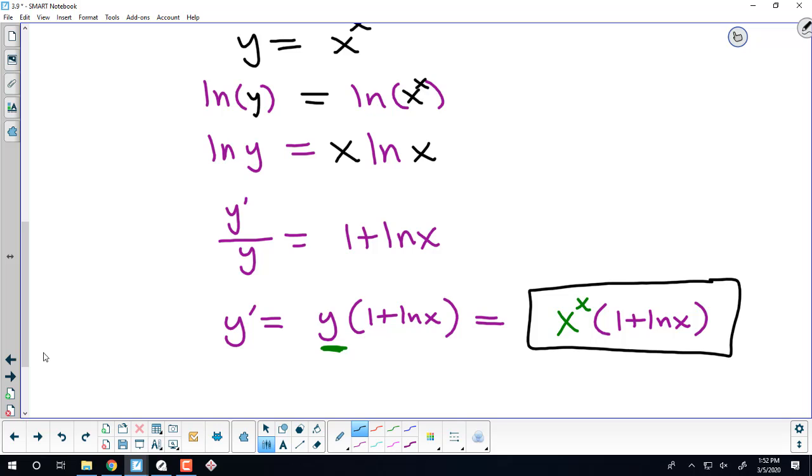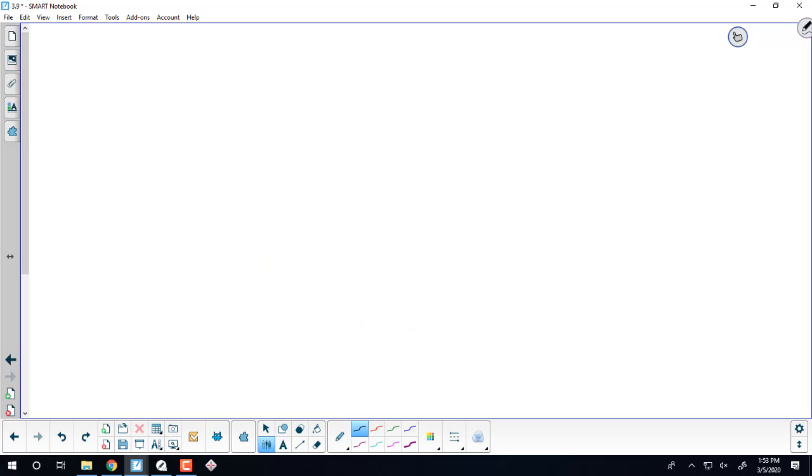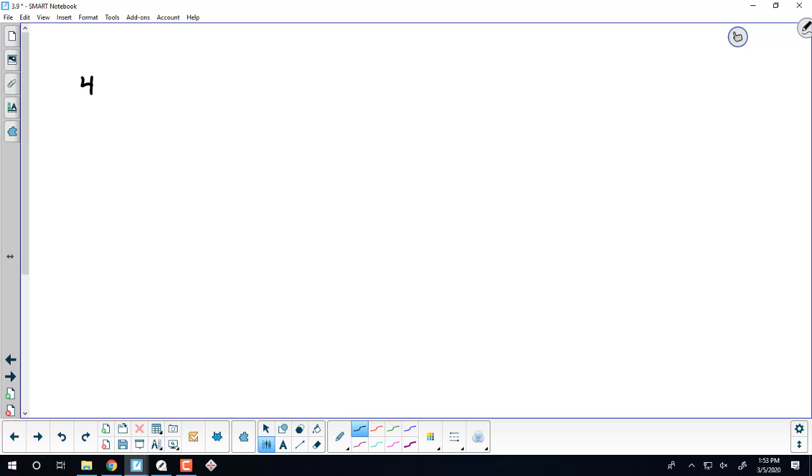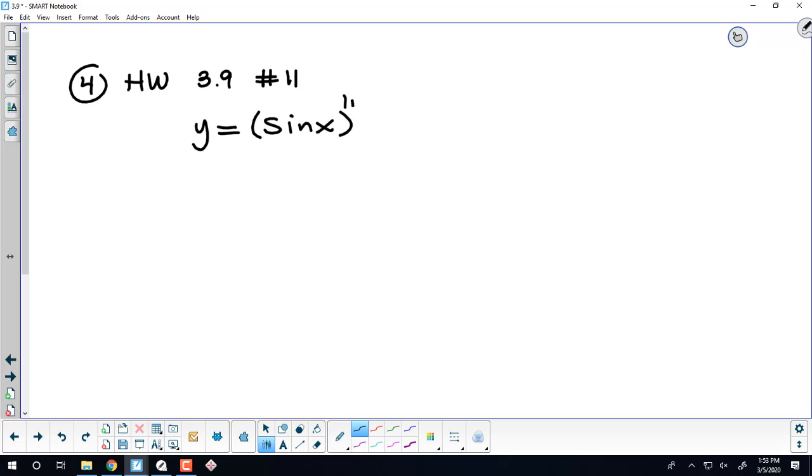So we can go back then to that homework question. So sine of x, and it's that quantity raised to the natural log of 8x.